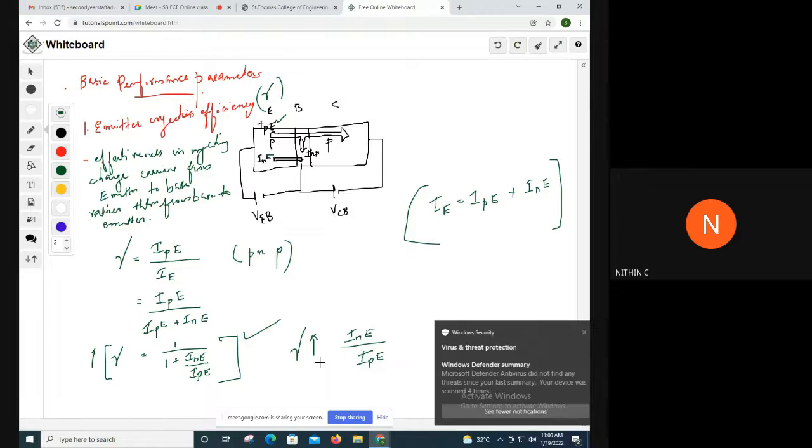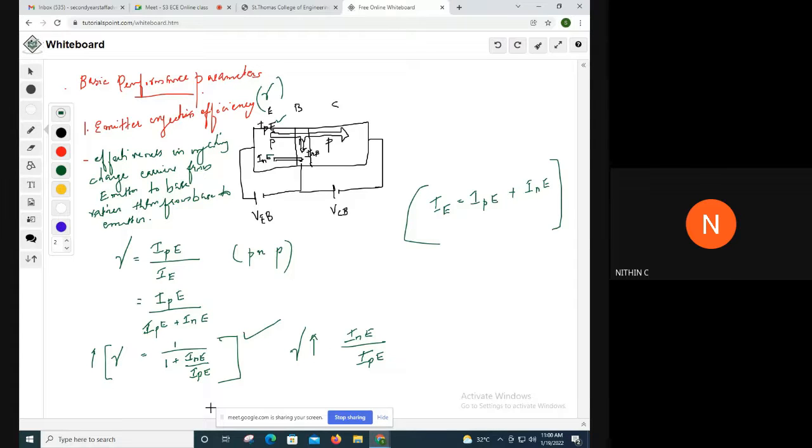INE by IPE must decrease, right? This is in the denominator. Only if the term in the denominator decreases will this value increase. The question is to maximize emitter injection efficiency gamma, so we need to minimize the ratio INE by IPE. What should we do to minimize it?